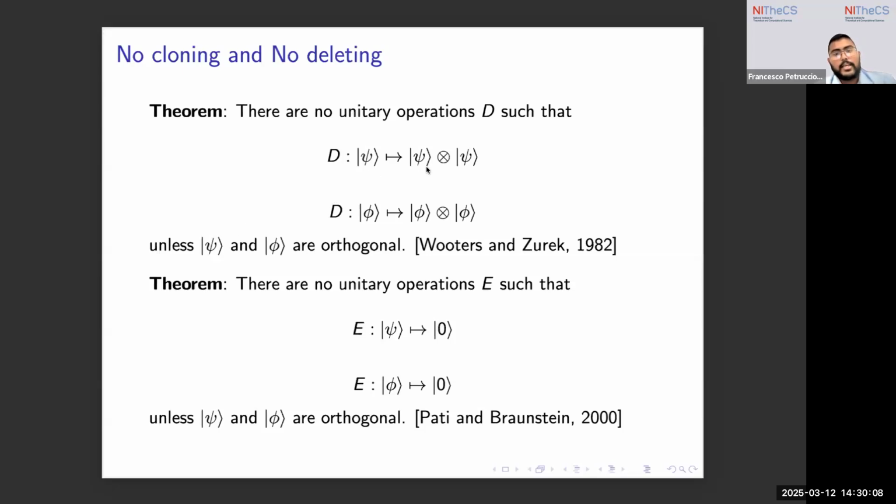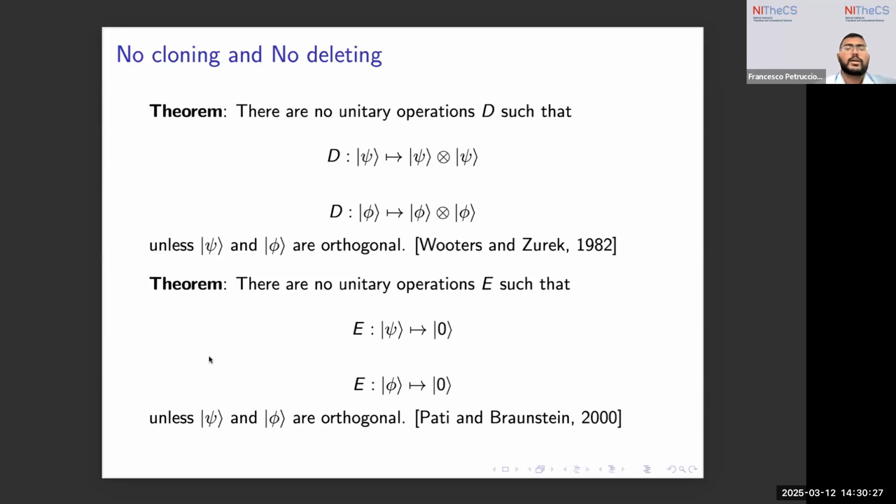D takes this state to the state tensor itself, and this other state phi here to a copy of itself, unless these two states are orthogonal. And similarly, the dual notion is no deleting, which is listed on the bottom here.